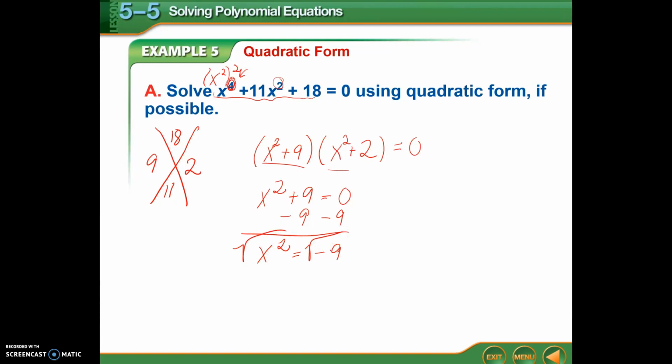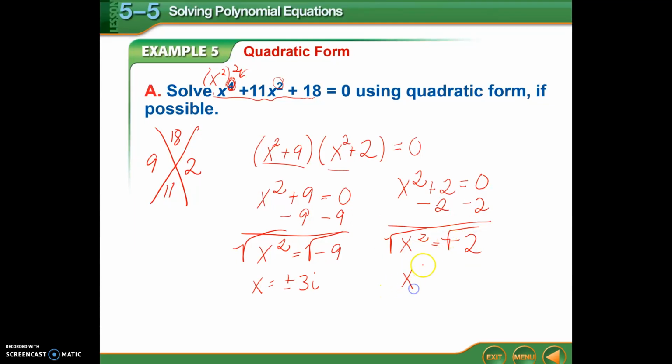Square root of a negative we know is i, so it'd be x equals plus or minus 3i. Then the same thing with the x squared plus 2. Put it equal to 0. Subtract 2. x squared equals negative 2. Square root, x equals plus or minus i square root of 2, or you can find that decimal.